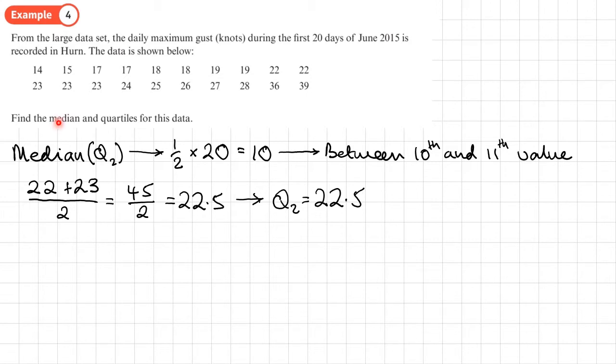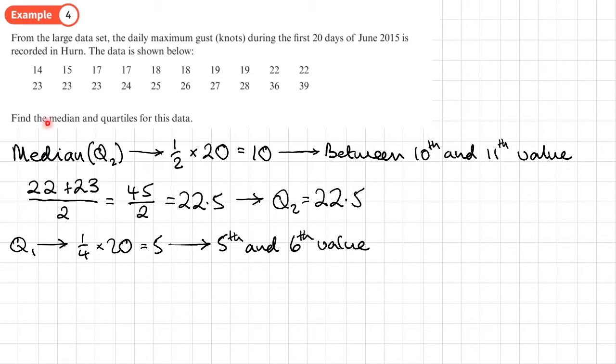And then I want to find the quartiles for this data. So Q1, the lower quartile, change that to a fraction, which is a quarter, times that by 20, and we get 5. Again, that's a whole number. So Q1 is between the 5th and the 6th value. So let's have a look to see where they are. 1, 2, 3, 4, 5.